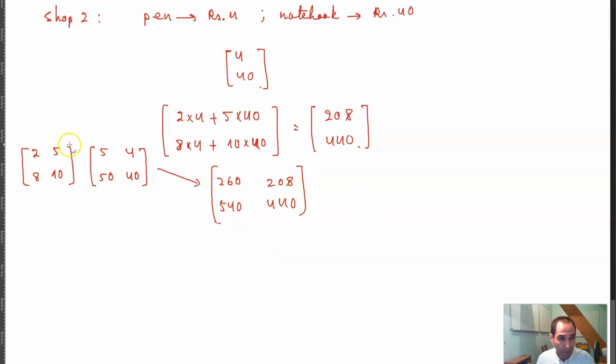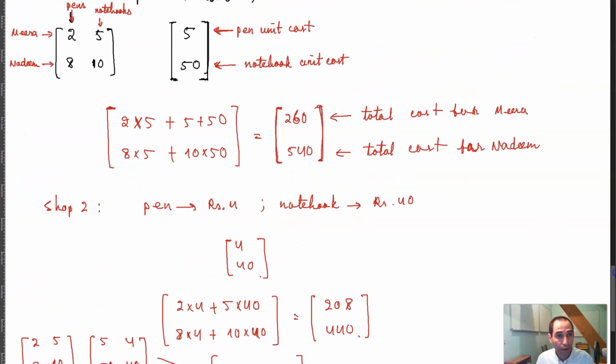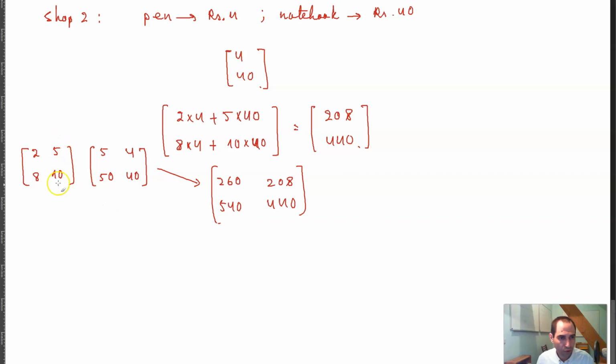If I take 2 and 5, this row is related to Mira, this row is related to Nadim. This row is pens, this row is notebooks.